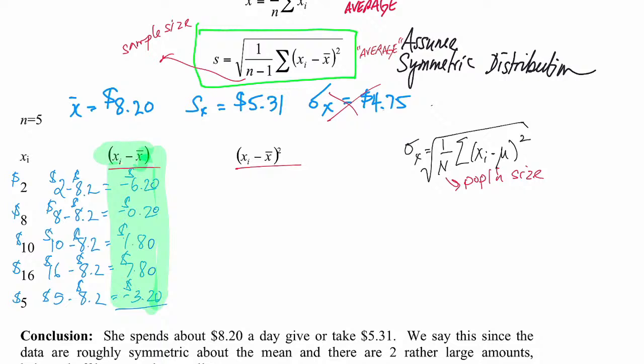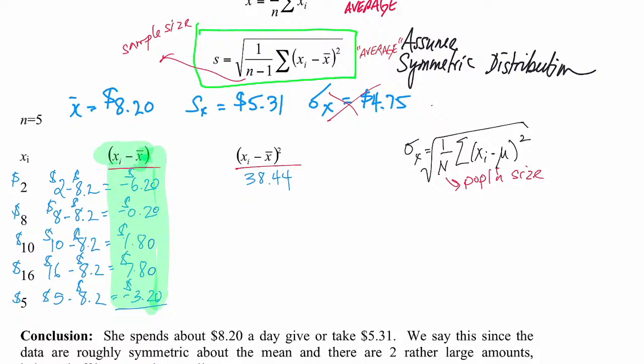So if I square all of these values, and I keep 2 decimal places, oh, I'm losing my columns, my rows.